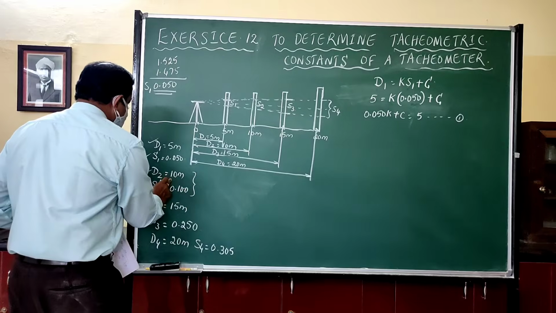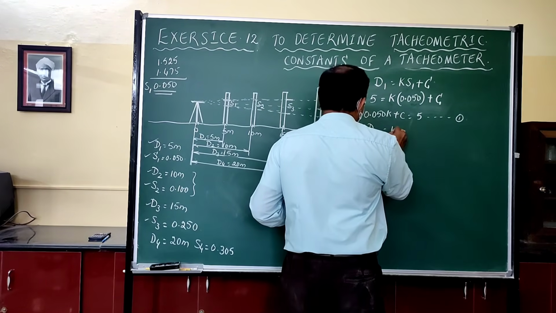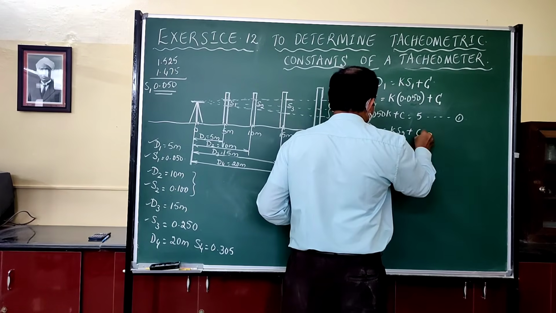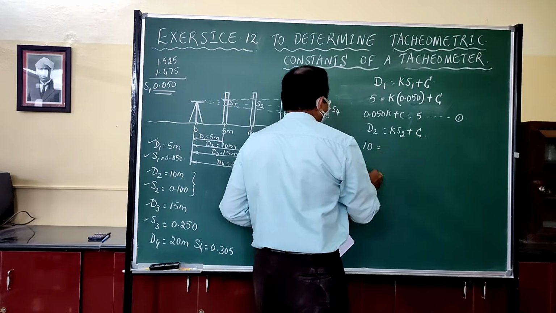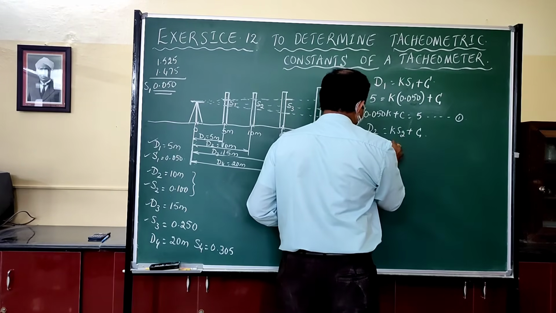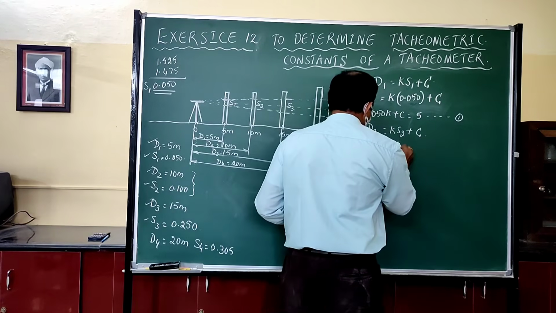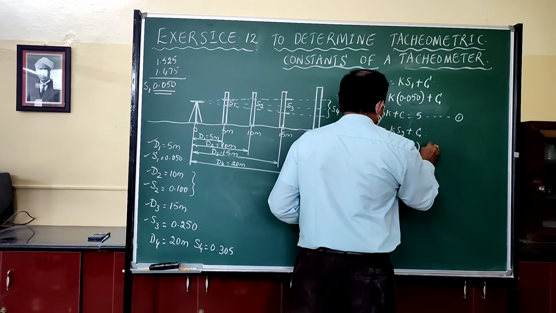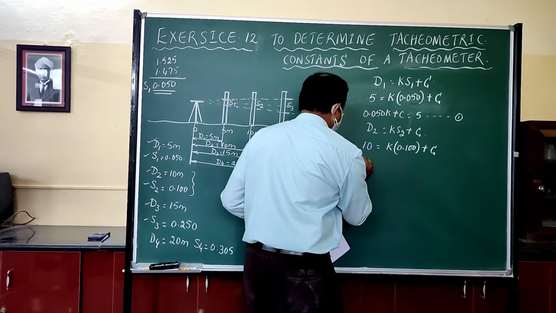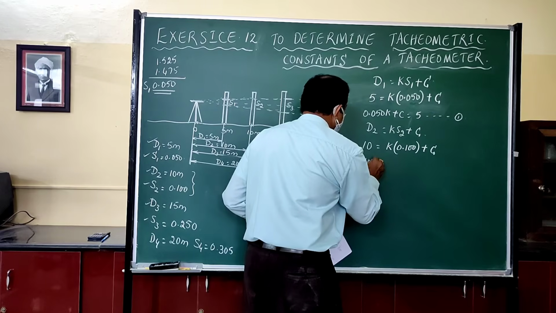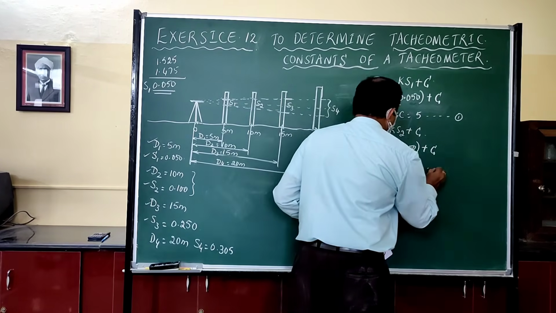Similarly, considering D2 and S2, D2 is equal to KS2 plus C. Now, distance D2 is equal to 10 meter. The constant K, keep as it is. S2 is 0.100 plus C. The equation you can write it like this, 0.100 K plus C is equal to 10.